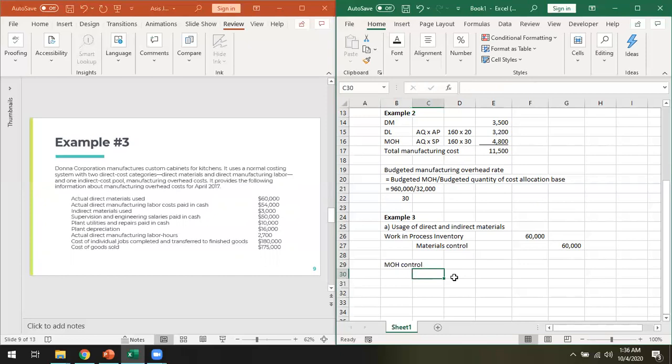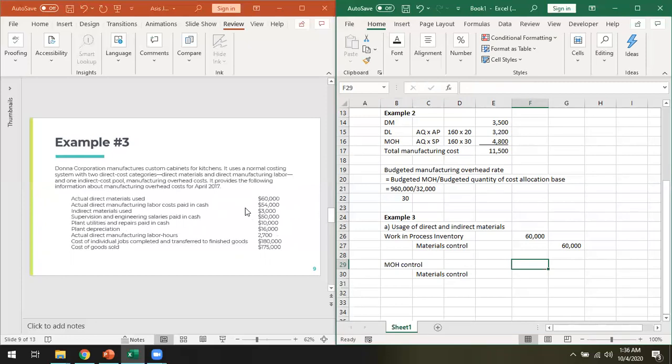So as the manufacturing overhead cost is incurred, we just use manufacturing overhead control account. And also materials control, because we assume that the account for raw materials, whether direct or indirect, is the same. It is material control.